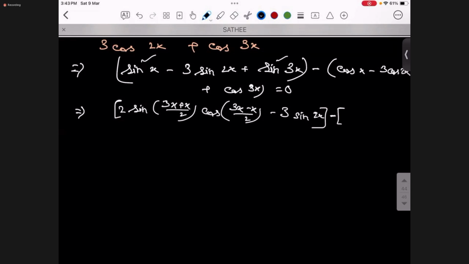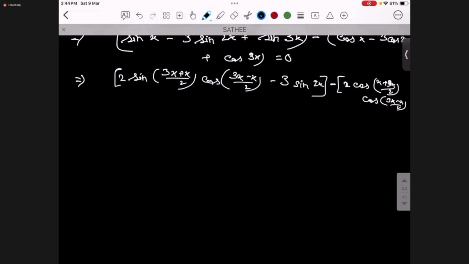The formula for cos x plus cos 3x will be 2 cos (x plus 3x)/2 cos (3x minus x)/2 minus 3 cos 2x. This is equal to 0.